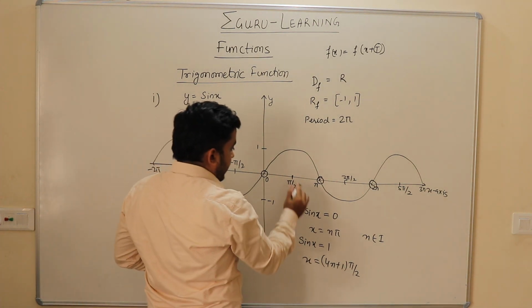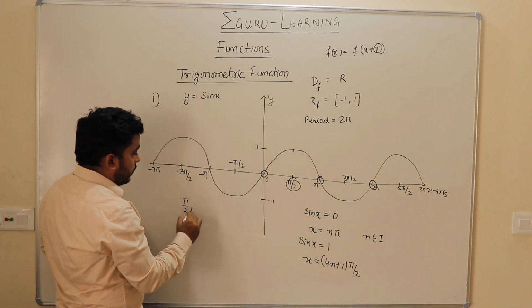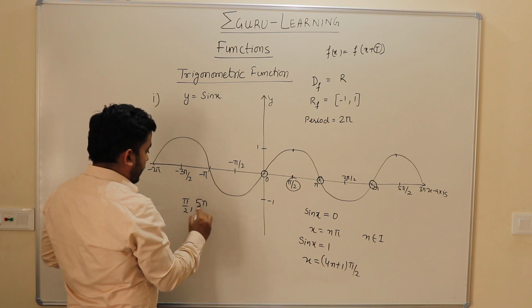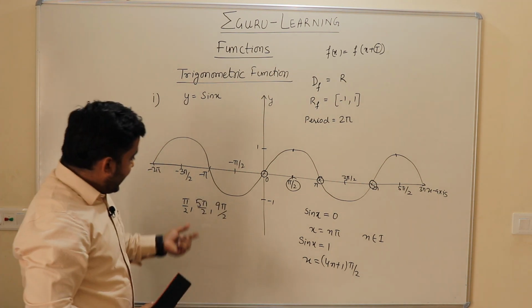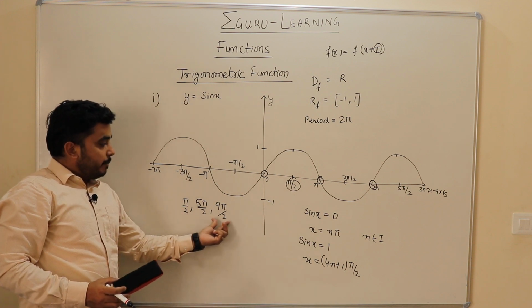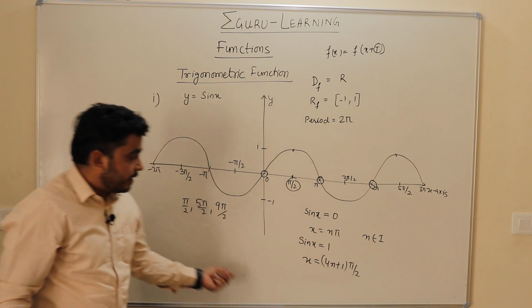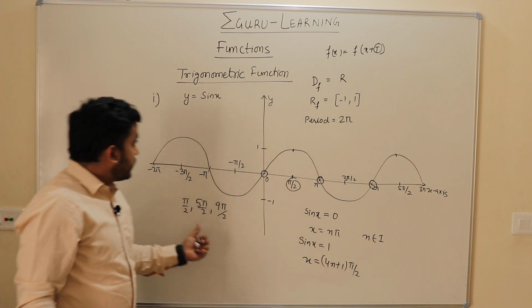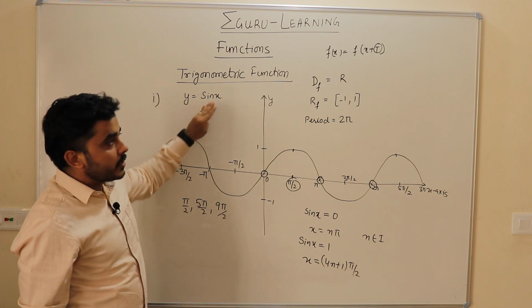First, you can check sin x will be equal to 1 first at pi by 2, then at 5 pi by 2, then the next value will be 9 pi by 2, and so on. As you can see, these are the terms of an AP, and you can find the nth term of the AP, which is (4n plus 1) pi by 2. So that is about the basic trigonometric function y equals sin x.